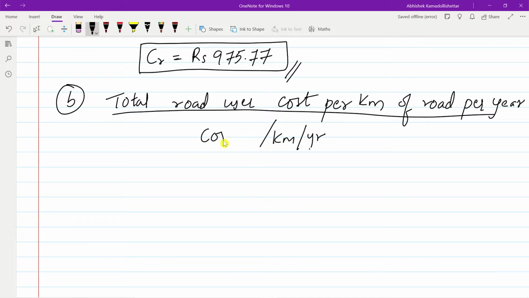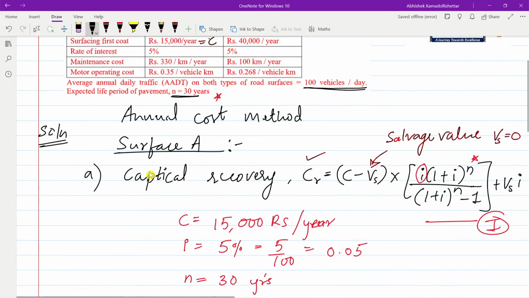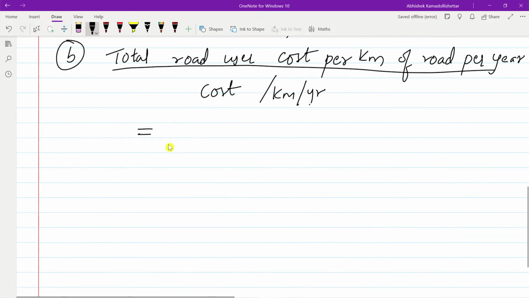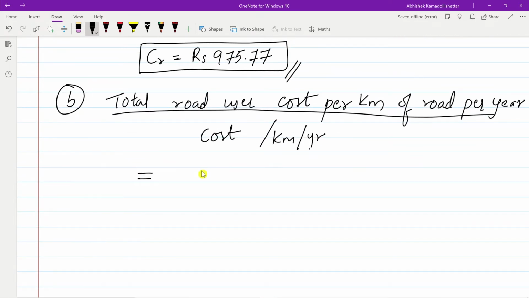This is the total cost per kilometer per year. Going to the given data, there is a cost mentioned here, the motor operating cost, which is 0.35 rupees per vehicle kilometer.